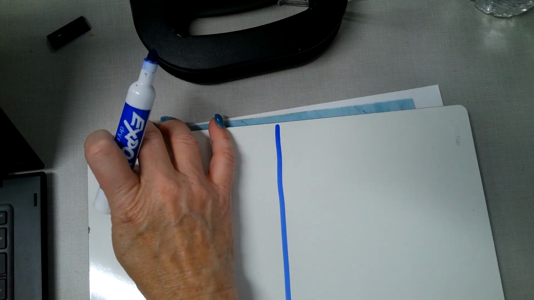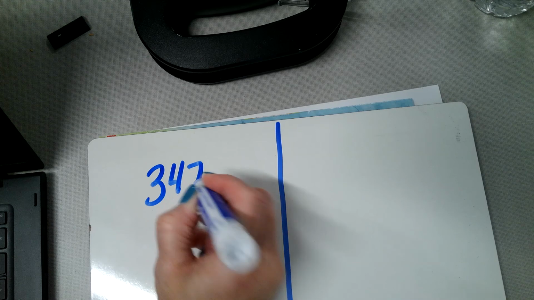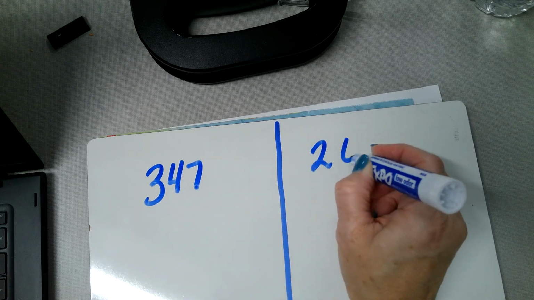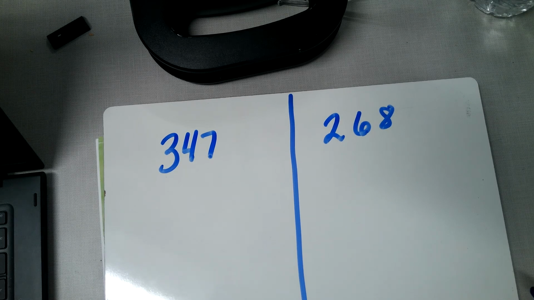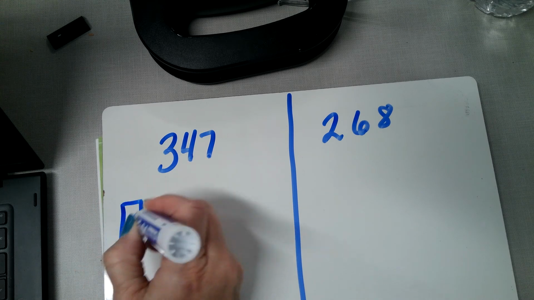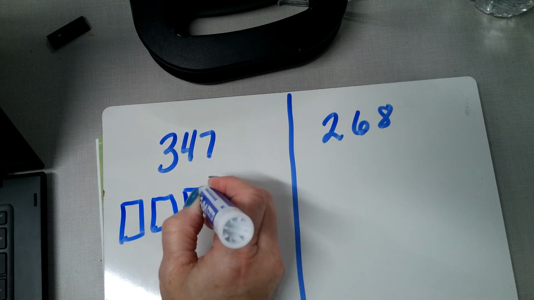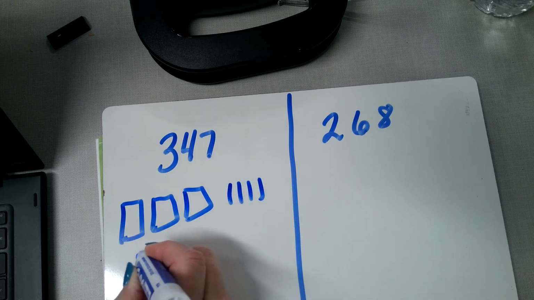So I'm going to think about two numbers that I want to compare. Okay, I want to compare the number 347 to the number 268. So first thing I want to do is build those numbers. I want you to build them on Braining Camp, and then you could draw them if you wanted to. But I'm going to have 3 hundreds, 4 tens, and 7 ones.